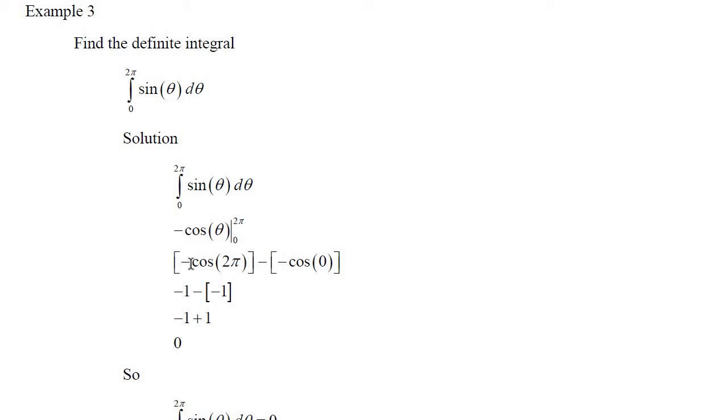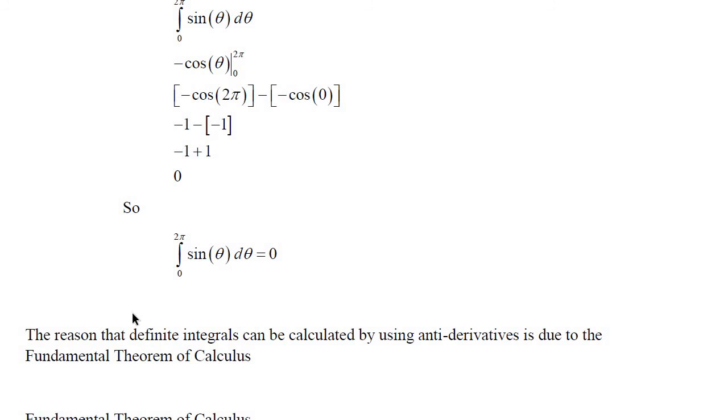So plugging in 2 pi, this gives me negative cosine of 2 pi minus a negative cosine of 0, plugging in the bottom number. So that gives me a negative 1 minus a negative 1, which becomes negative 1 plus a positive 1, which gives me 0. So the definite integral from 0 to 2 pi of sine theta d theta gives me a result of 0.